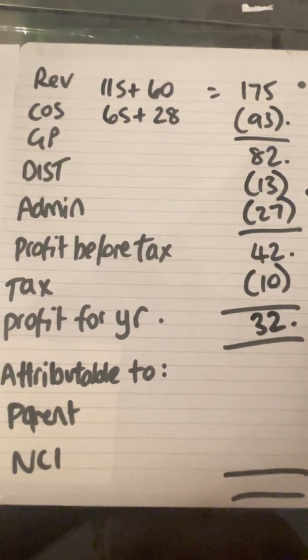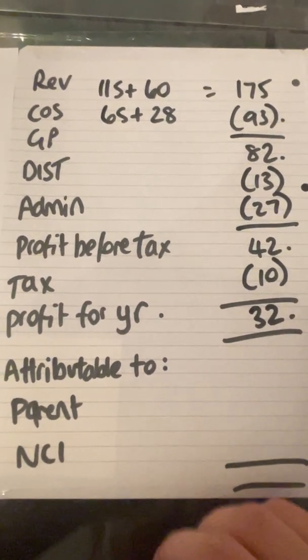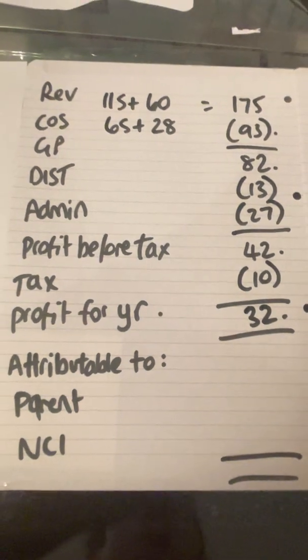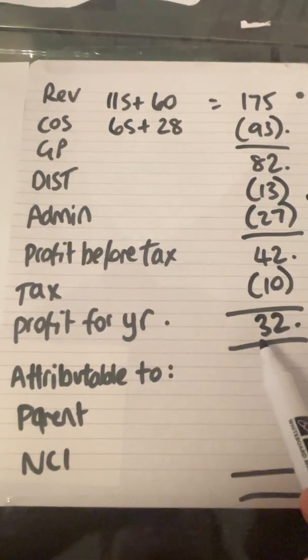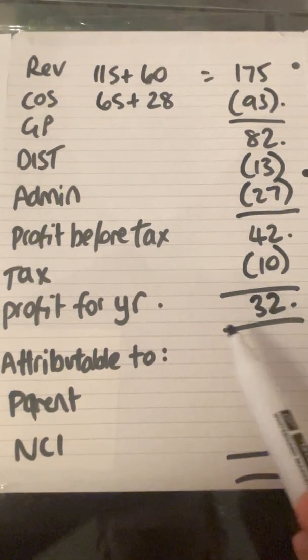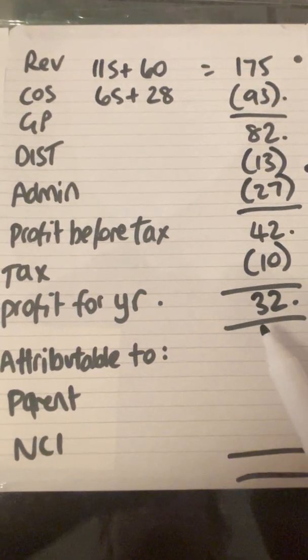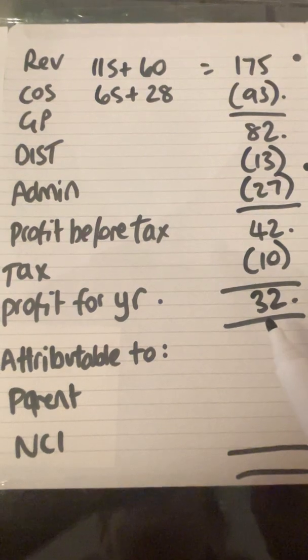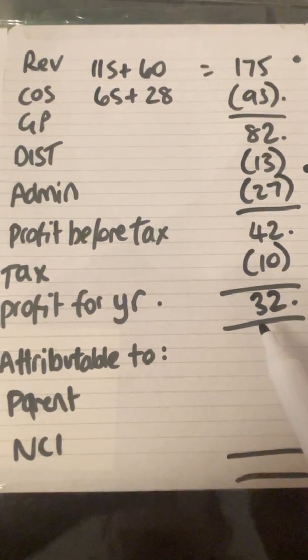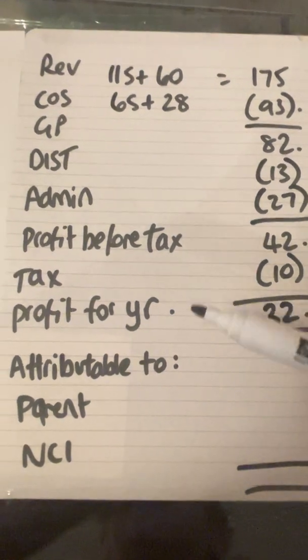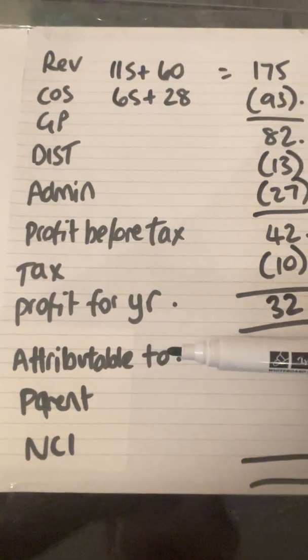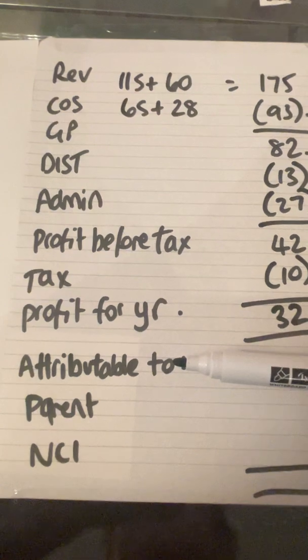Now, this is where working 4 comes in, because as you can see, we've got a profit for the year of 32. So our consolidated P&L says we have a profit of 32. What you've now got to do is take that 32 and split it out. As you can see here, I've got a section called attributable to.